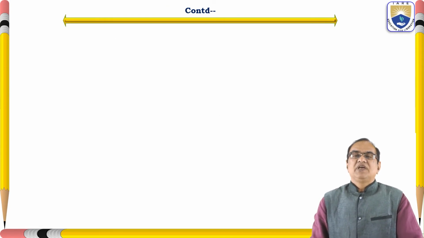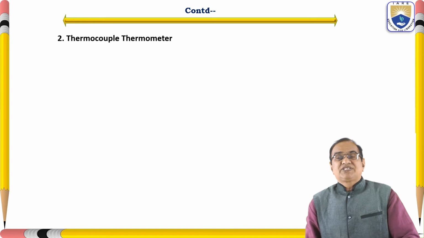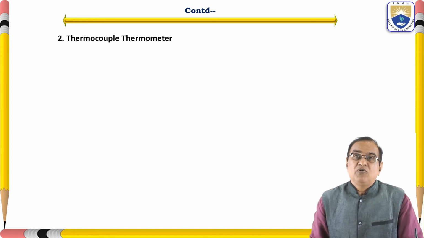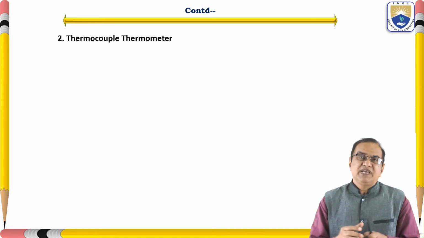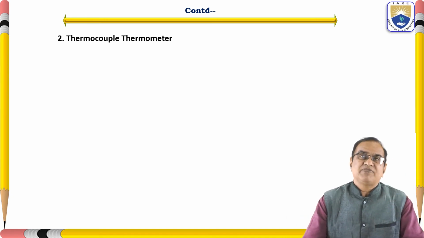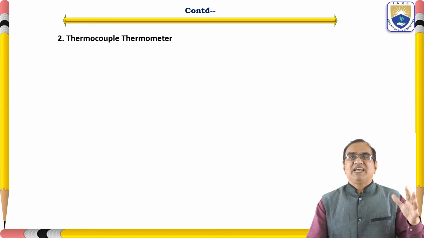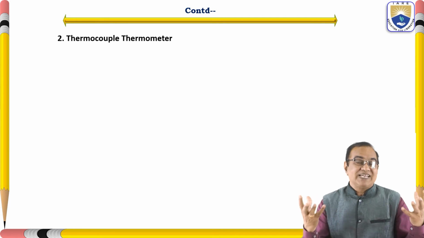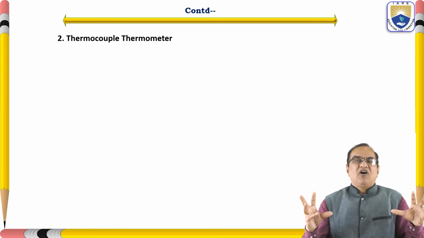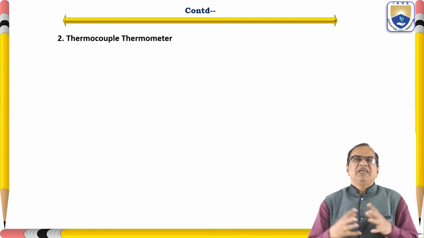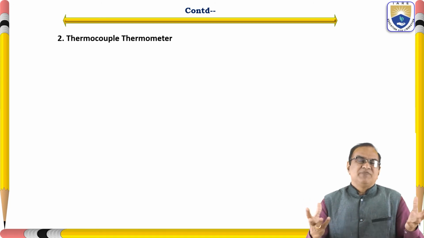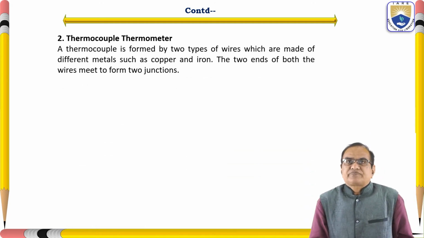Now next, very important, is the thermocouple thermometer. In engineering, we normally use this type of thermometer to measure high temperatures in devices, especially gas turbine engines, IC engines, or boilers. There are so many applications for the measurement of temperature.